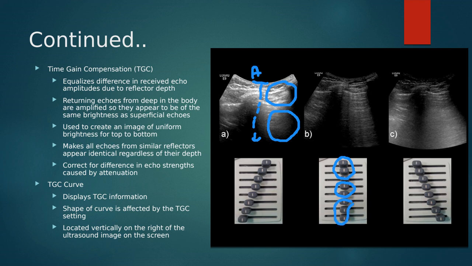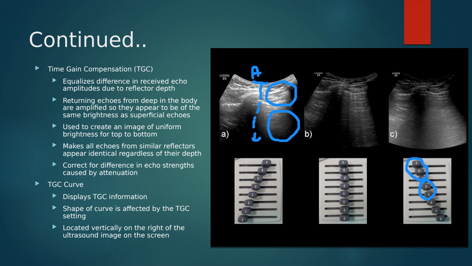Now, if we look at that curve, all of those buttons are aligned with each other, so we're not implementing any sort of TGC with this picture. If we look at the picture to the right, picture C, the top controls are moved to the left, the middle controls are still in the middle, and the bottom controls are all the way to the right.